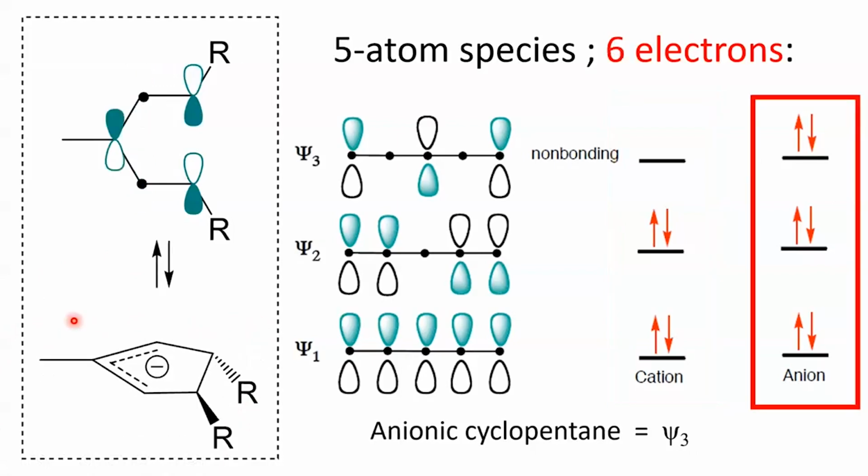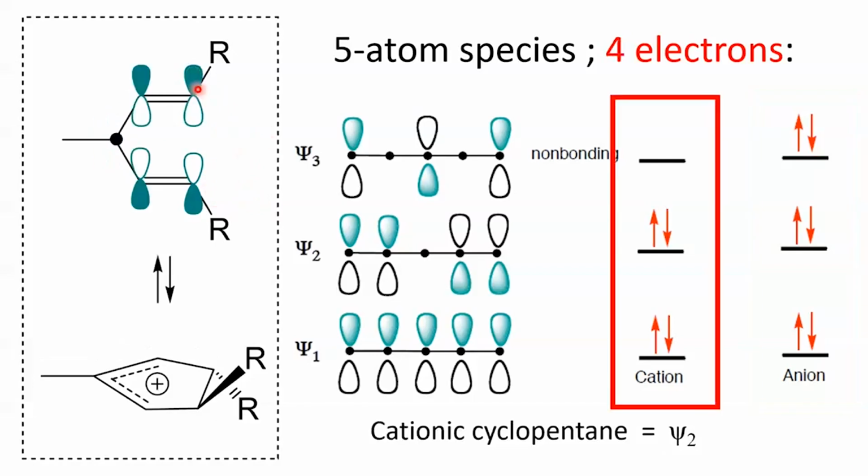The second option would be the 6 electron anionic cyclopentane species. This takes us up to the psi 3 level, as we can only fit 2 electrons in each one of these orbital configurations. If we transpose this arrangement of orbitals onto the ring opened form of our cyclopentane, that gives us this arrangement shown here, and comparing the orientation of the pi orbitals at this terminal position, we can see that it is opposite to the terminal orientations for the 4 electron species.